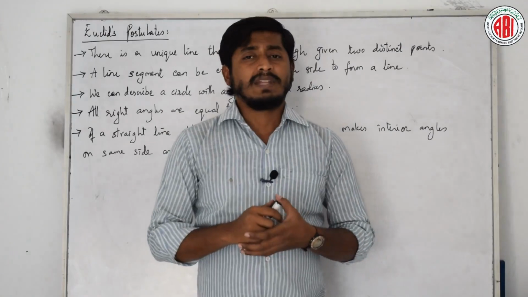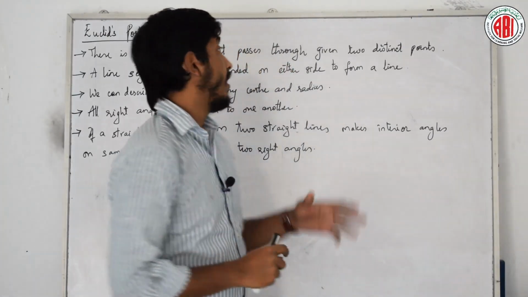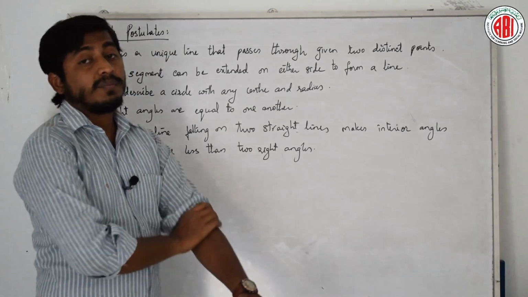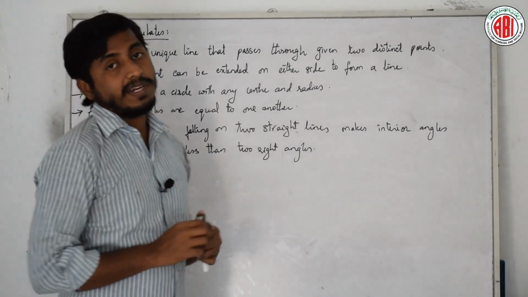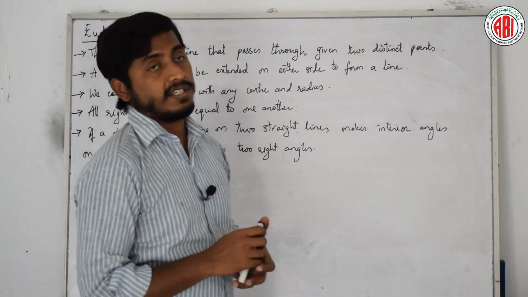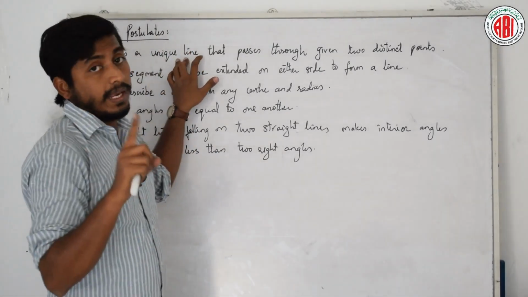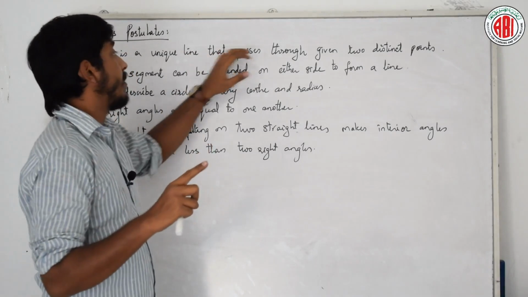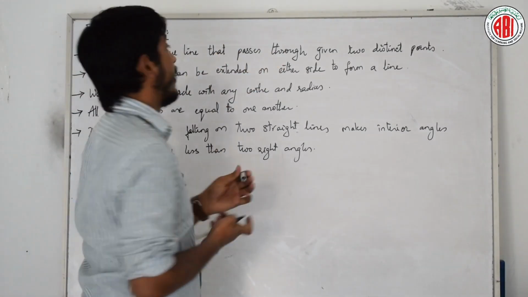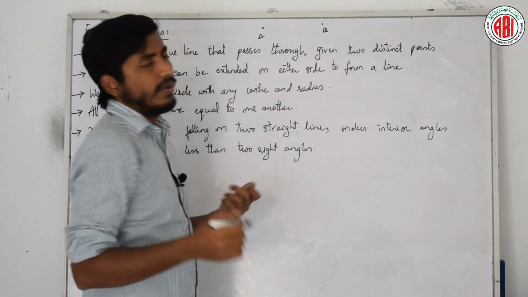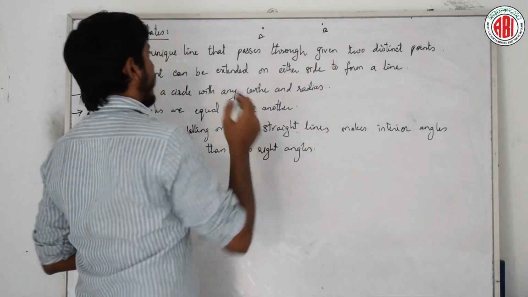Let's do. See here, the next, these are Euclid's postulates. These are also almost the same, but mostly these are based on the geometrical identification. See here, he is telling there is only a unique line, unique means only one, that passes through given two distinct points. If I say there are 2 points A, B, how many lines can I draw from those 2 points?